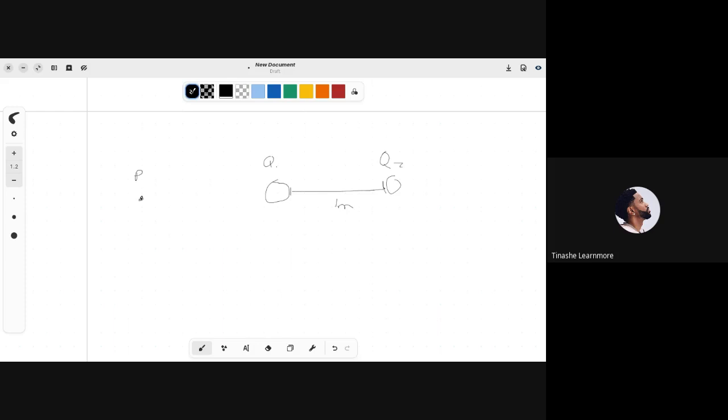Then you have point P somewhere out here, and you are told that point P is, actually, not 12.5 meters, it's 2.5 meters from Q1. And then Q1 is 1 meter away from Q2.